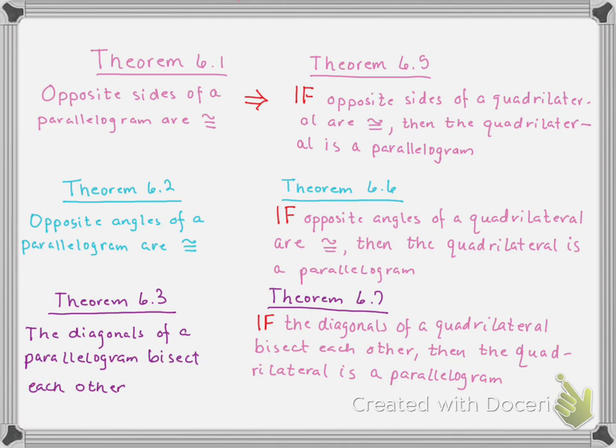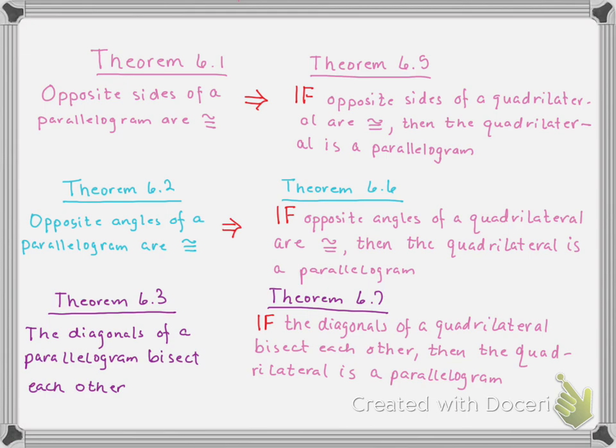So in theorem 6.1, you're given that the opposite sides of a parallelogram are congruent. In theorem 6.5, it says if the opposite sides of a quadrilateral are congruent, then the quadrilateral is a parallelogram. So 6.1 and 6.5 go together, as do 6.2 and 6.6.